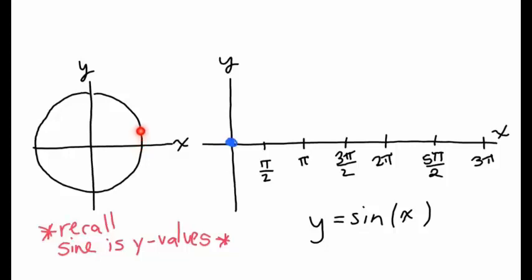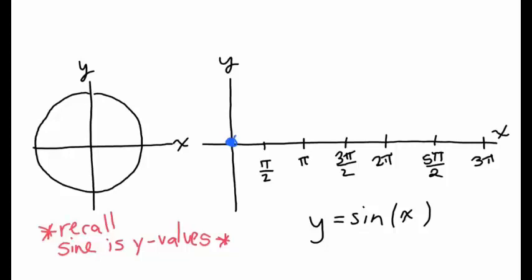Next, as we begin to move along our unit circle towards pi by 2, our y value slowly increases until we hit our maximum value, which is 1. So here at this point, we have a terminal point of 0, 1. Our y value is 1. So let's plot that in.